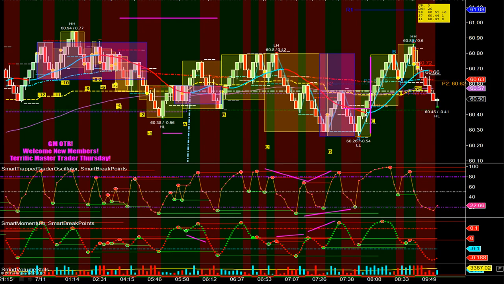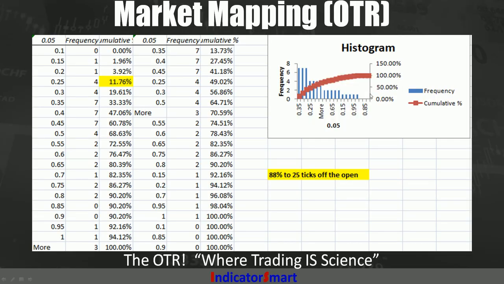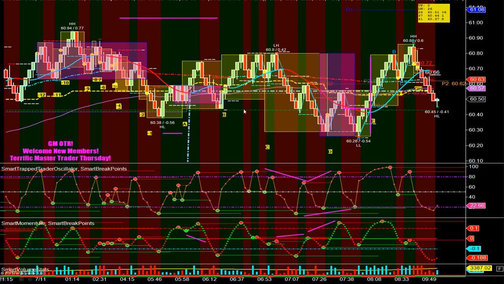Well, when we opened up in this period, I had drawn this box on the screen, and the prediction was that we're going to break or at least touch the edge of this box right here. The open of the E period was right here. And our prediction was that we were going to hit 25 ticks at almost 90%.